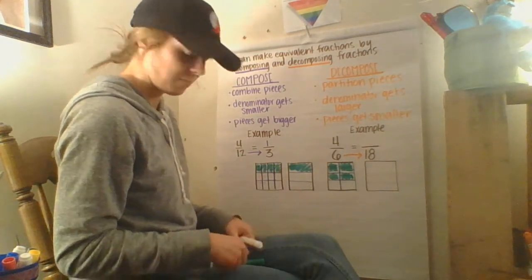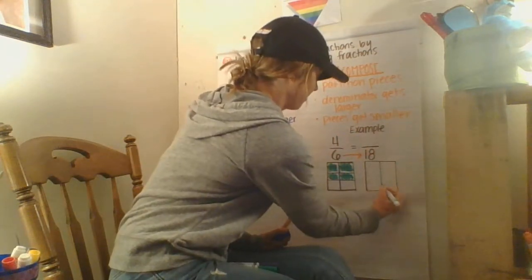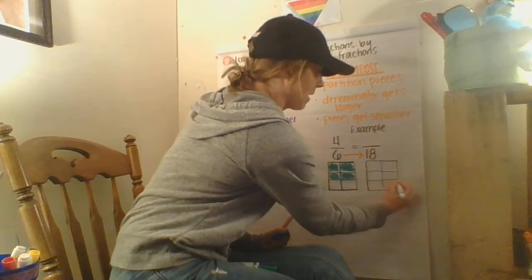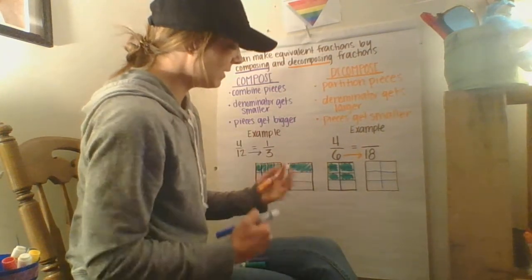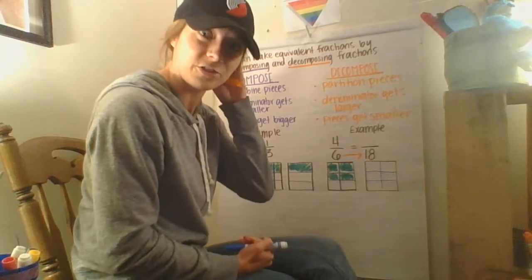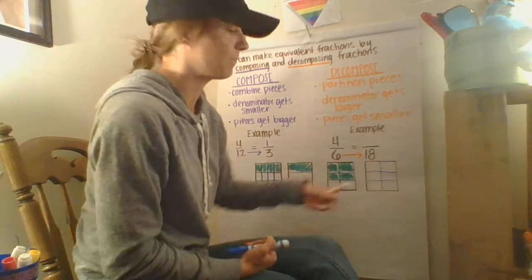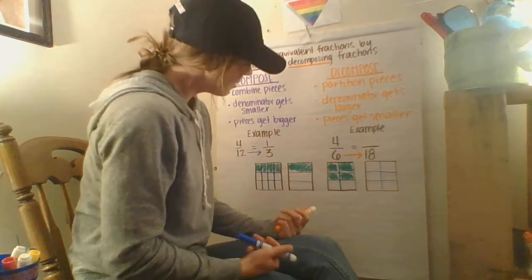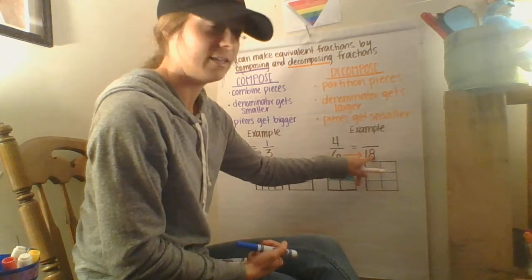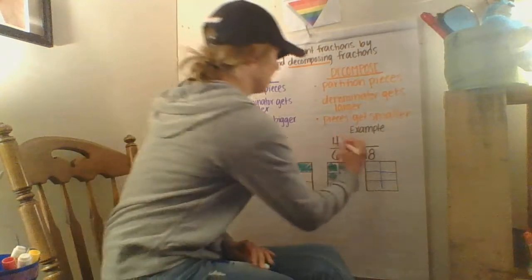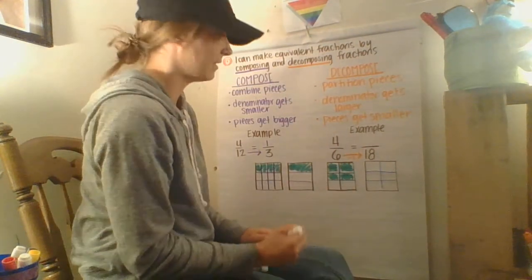So I'm going to start with the parts I already have, which were 6 parts. Not perfect lines, that's okay. 6 parts. Now I need to make 18, but I need to partition each section, each piece equally. I know that 6 can go into 18 if I multiply it by 3, because 18 is 3 times larger than 6.